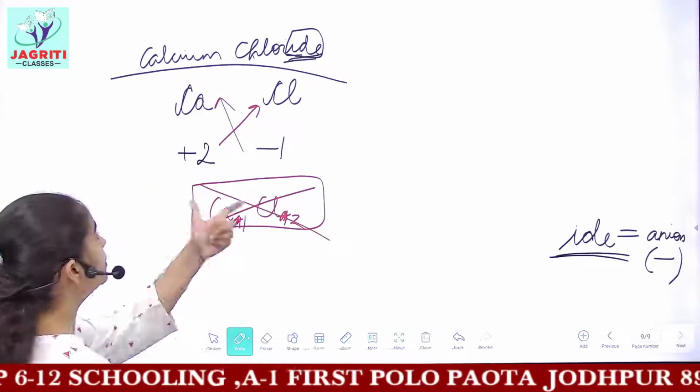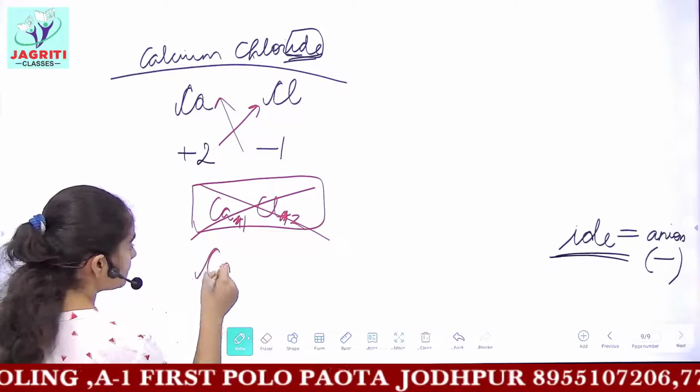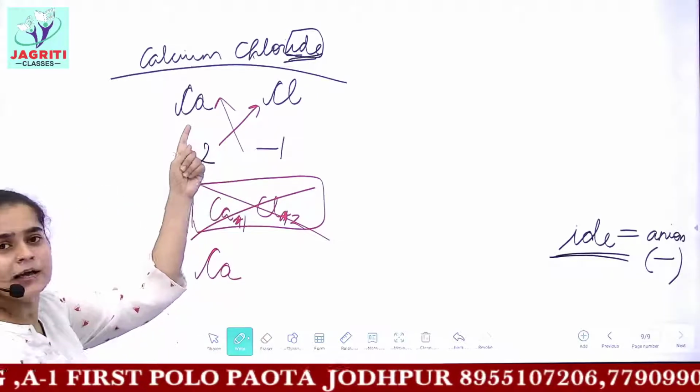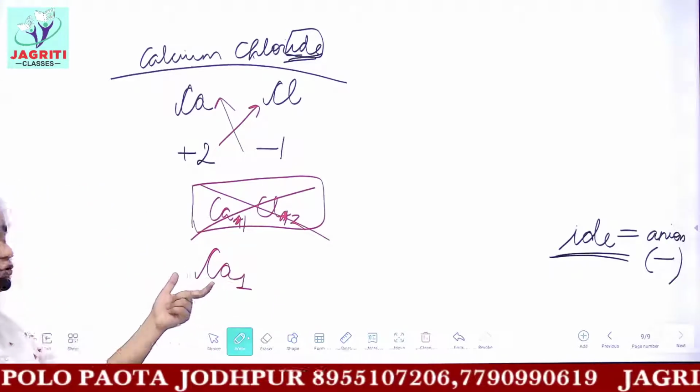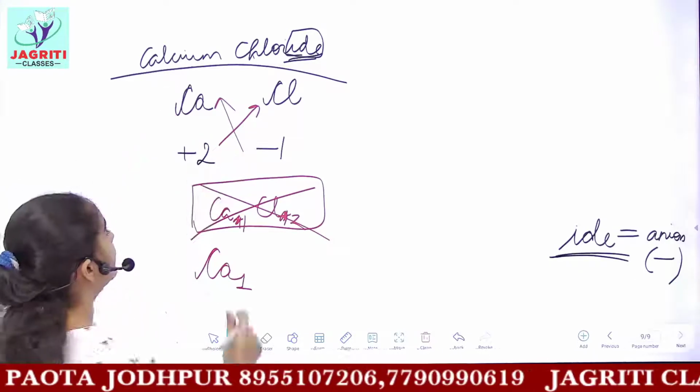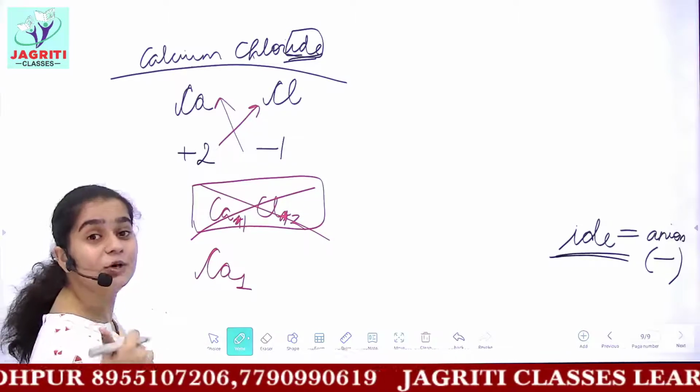So what would be the formula of the compound? First the symbol would be Ca. Then you have 1 here, and we do not have to write 1. I am just writing it to explain to you. Ca is 1 and Cl is 2. We will not write plus 2, it will be only 2.